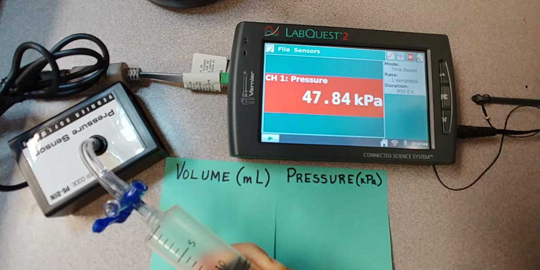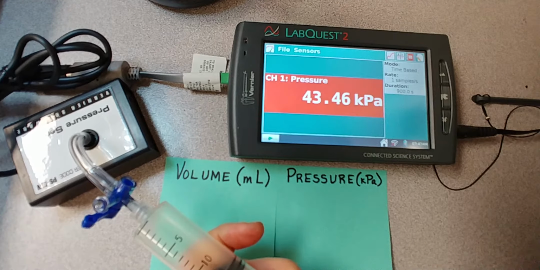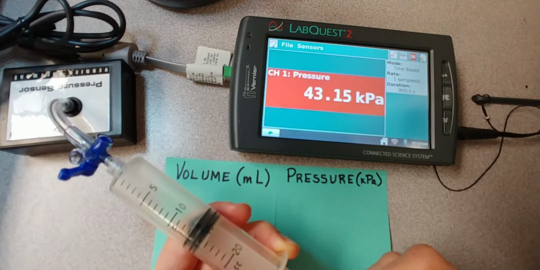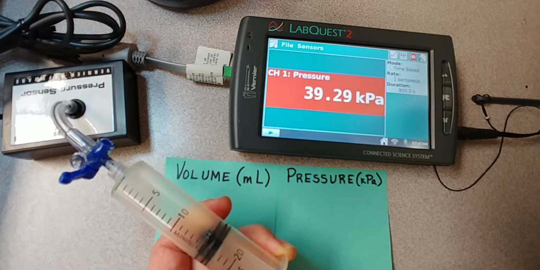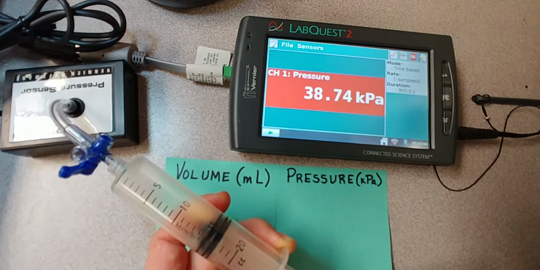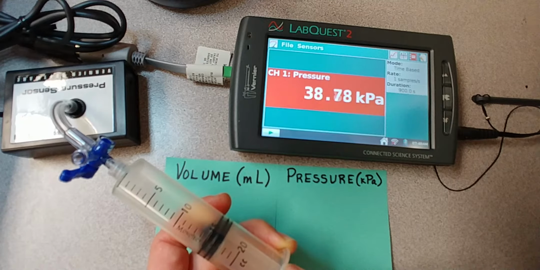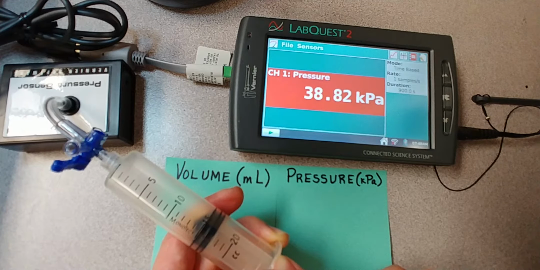And now 13 milliliters. Pause and record the pressure. And our last data point will be 15 milliliters. Pause and record the pressure. And if I did not say the right number of milliliters, so you saw where the syringe was, so you record the correct volume of that gas.